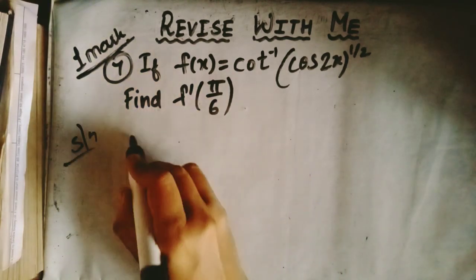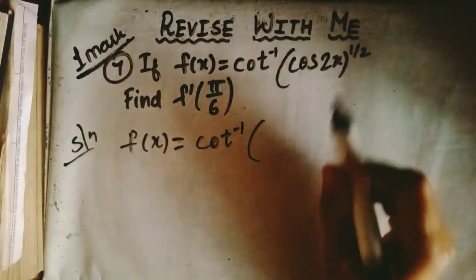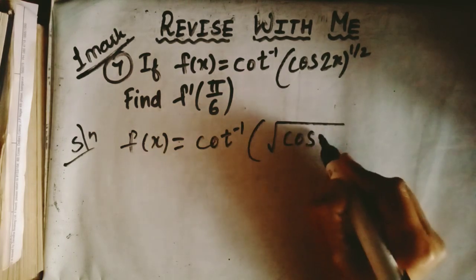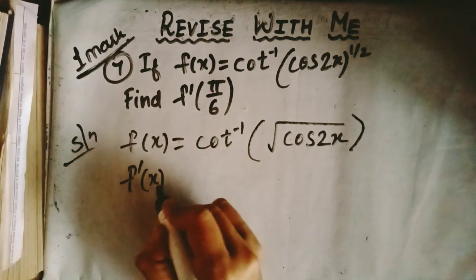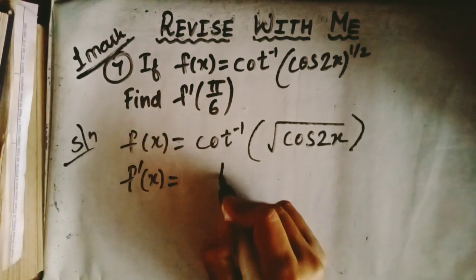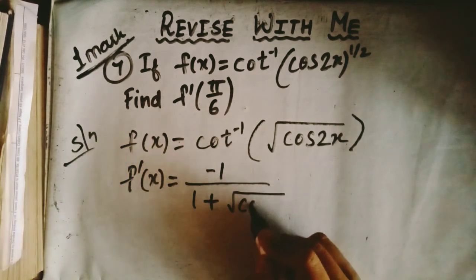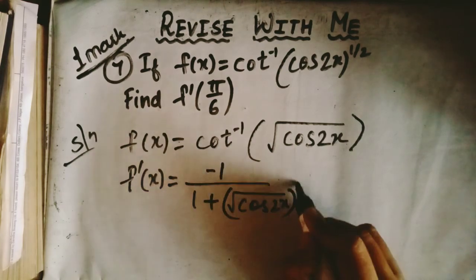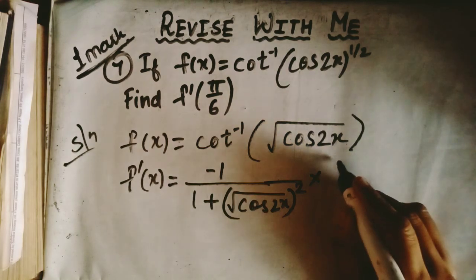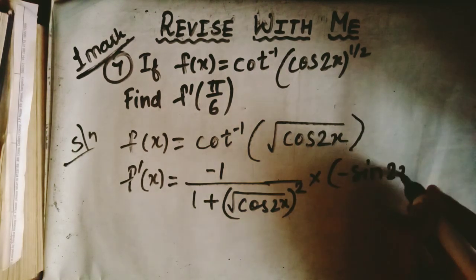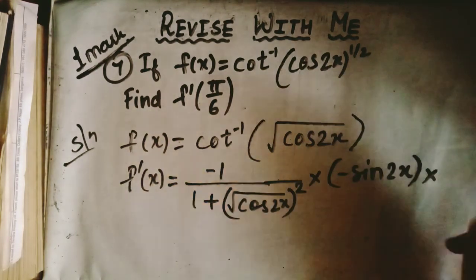So its derivative, f dash of x, is cot inverse derivative, minus 1 upon 1 plus x square, then the derivative of cos 2x, which is minus sine 2x, and then you have to use the chain rule here, derivative of 2x, which is 2.